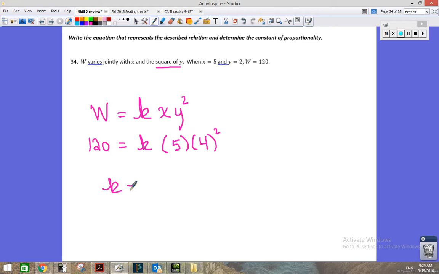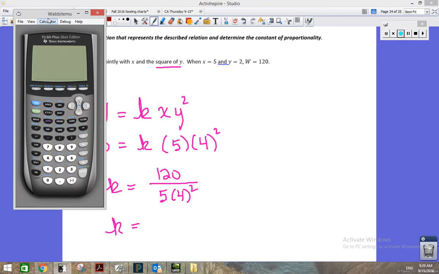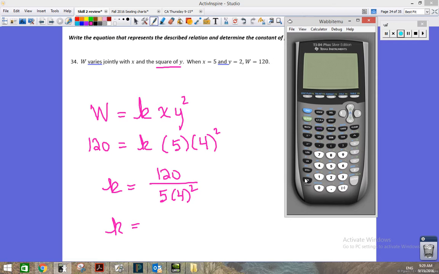So all I have to do is take 120 divided by whatever 5 times 4 squared is. Probably 120 divided by 80, but let's jump in and check on a calculator. I'll just give a decimal number for this one because it doesn't matter. Now it does matter when I divide, since I'm having a product here in the denominator. I do need parentheses around that denominator.